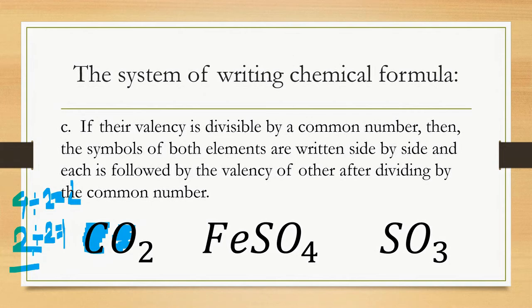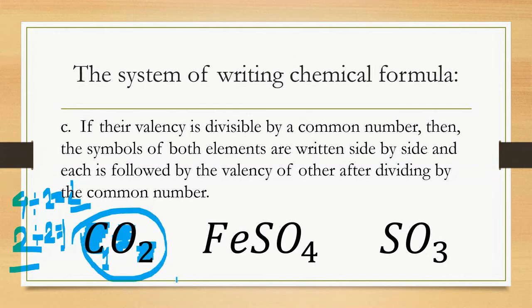When it is divided by 2, it is 1, which is followed by carbon. And when we divide 4, which is the valency of carbon, by 2, it is 2, which is followed by oxygen. So the formula of carbon dioxide is CO2.